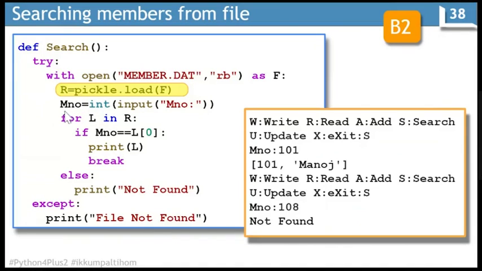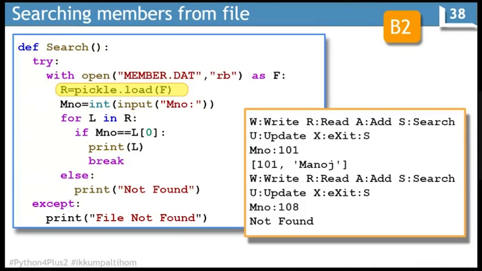Ask the user which MNO he wants to search for, and with the help of for L in R, we'll be able to retrieve each list, and from each list you just check the first index value. If it matches MNO, you display it. So basically what we are doing here, as you already know, is that at the time when we were saving, the 0 index value was MNO and the 1 index value was name.